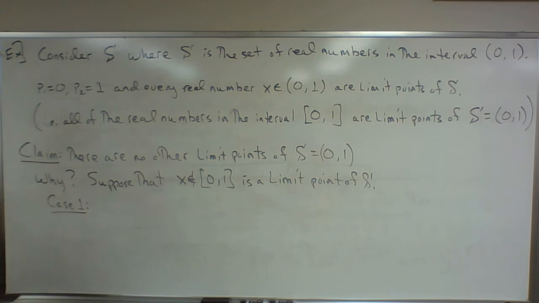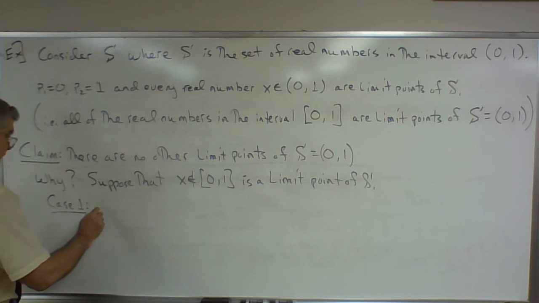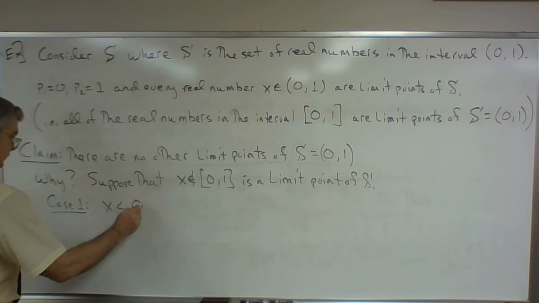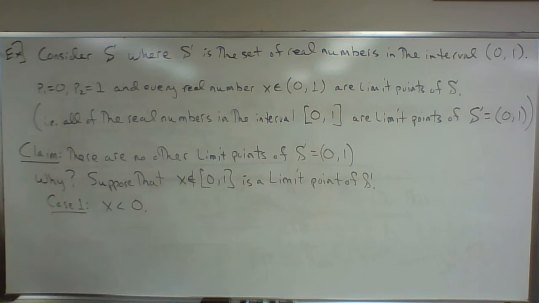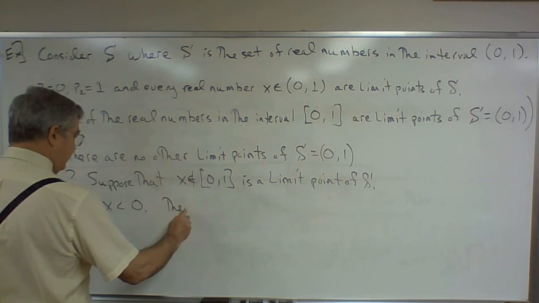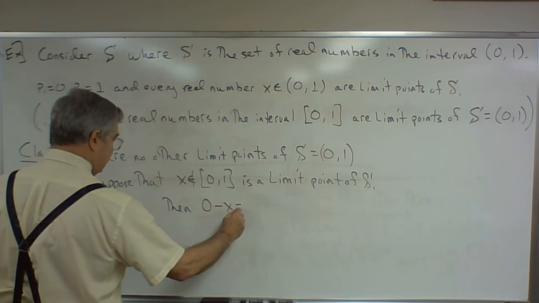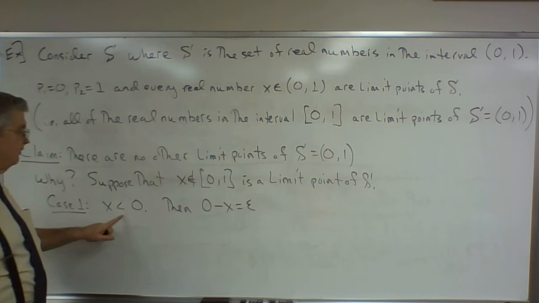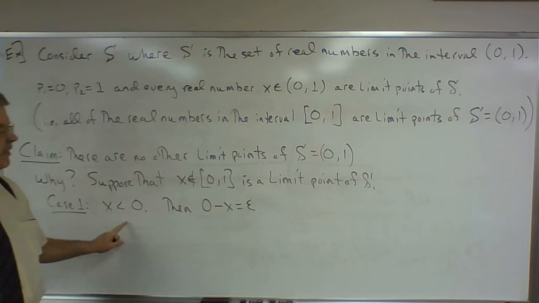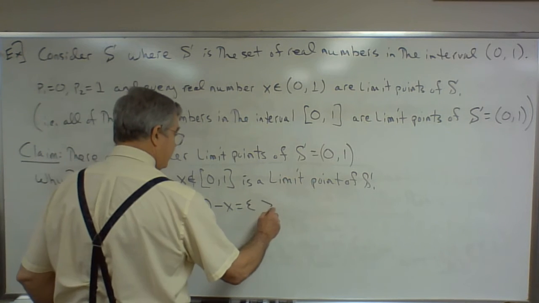So the first case, maybe x is less than 0. Since x is less than 0, then 0 minus x is equal to epsilon.